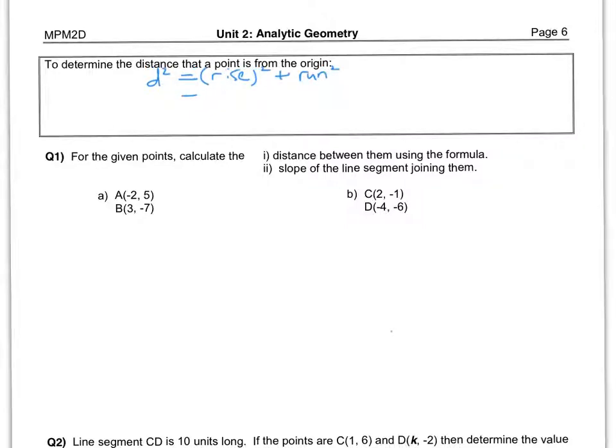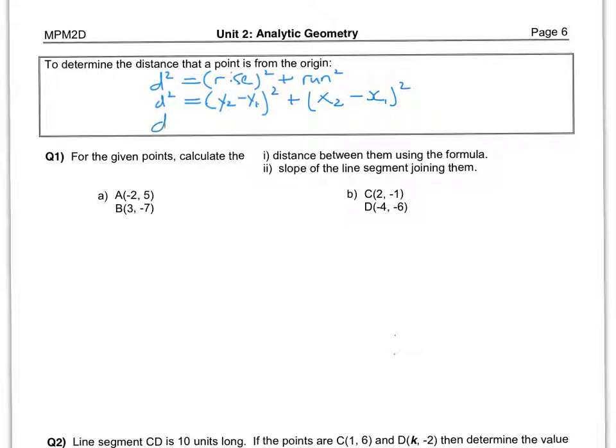So d squared is really equal to, in brackets, my rise, y2 or yb minus ya, squared, plus my x2 minus x1, squared. Better put a 2 there to match up with the y's. So that's my distance formula for the distance squared. The d then is the square root of that.